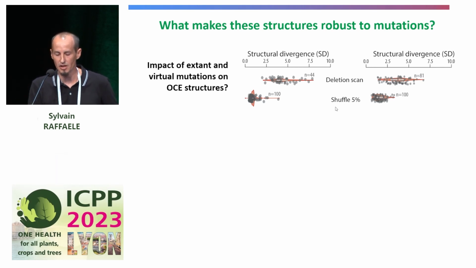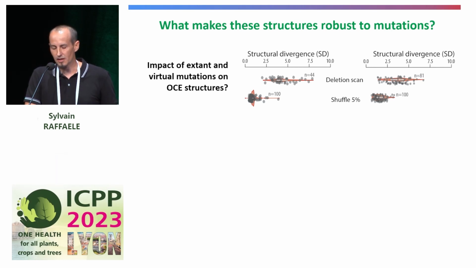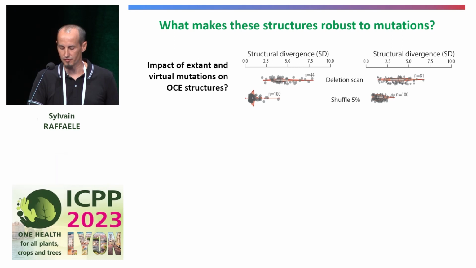For instance, here you have shuffling of mutations over 5% of the whole sequence. What was a bit surprising in these scans was that we had lower structural divergence than expected when we mutated several residues compared to when we mutate just one of them.